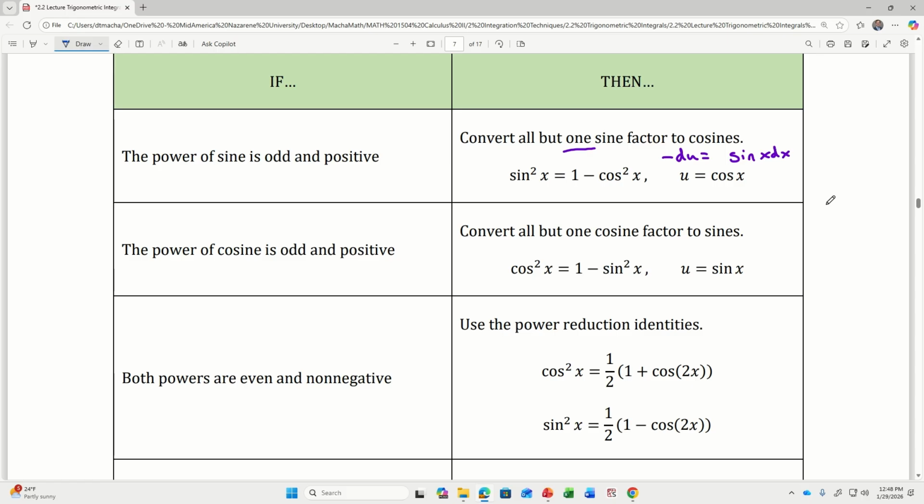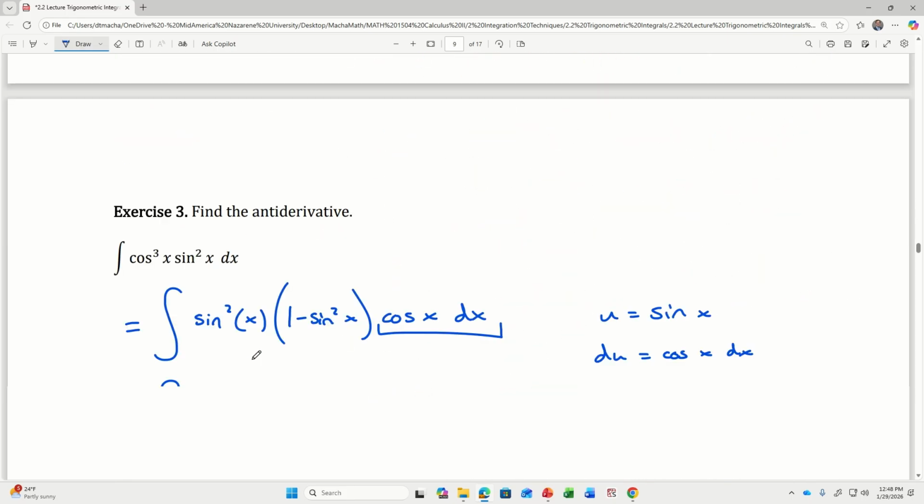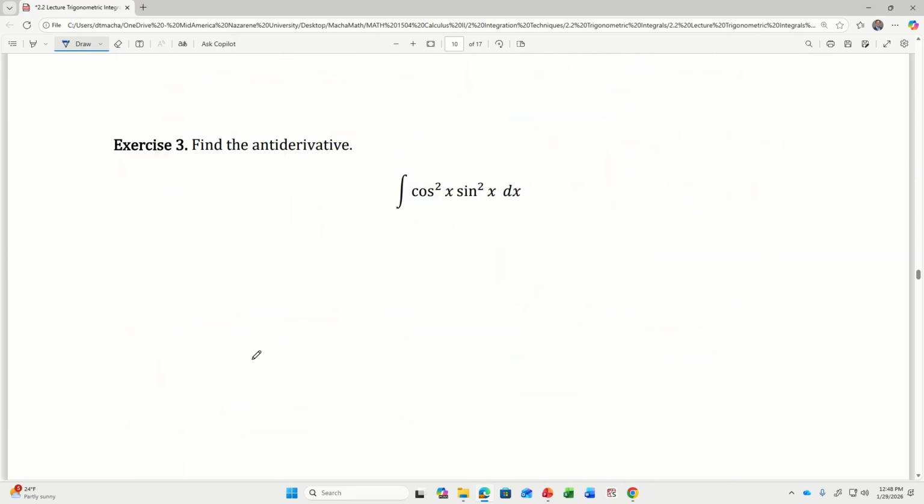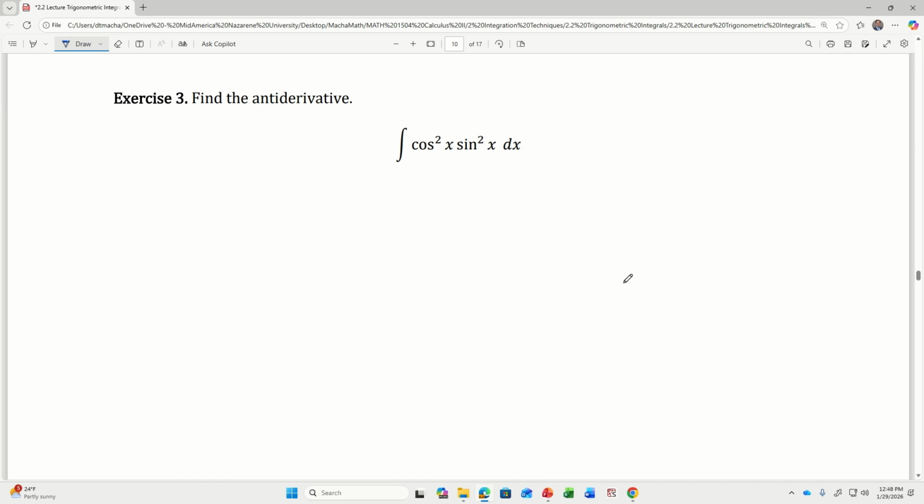But that's better for integration than having large powers. And so instead we do that. So let's see an example of both powers being even. And I'm just going to use those power reduction identities.